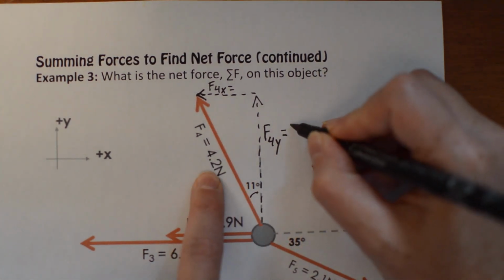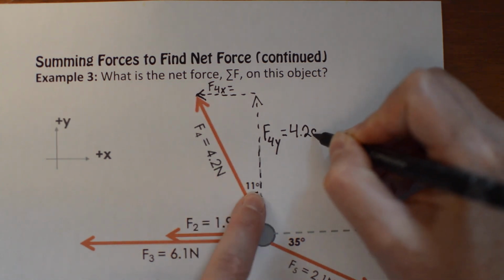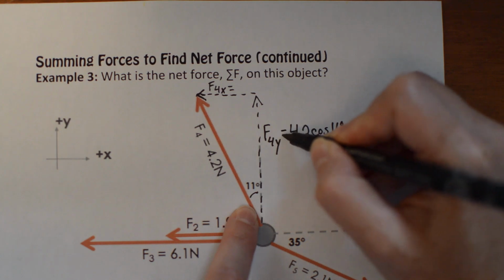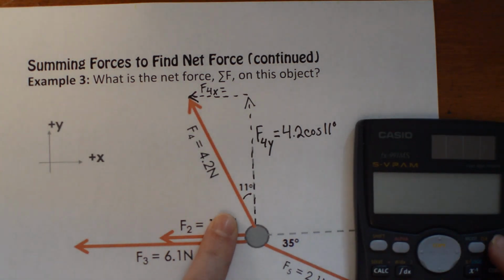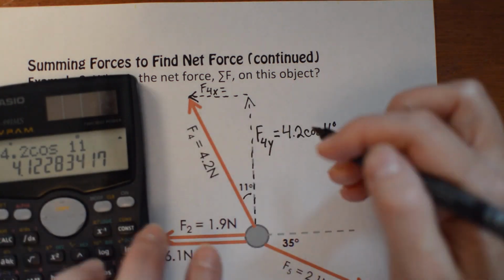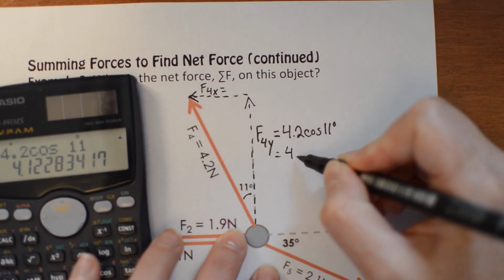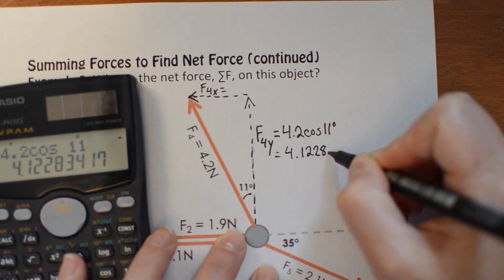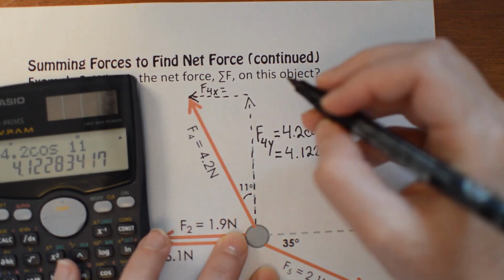So I'll do the hypotenuse, 4.2 cos of 11 degrees. And it's up, so that's going to be positive there. So let's calculate that. 4.2 cos of 11 gives me 4.1228 newtons for F4y.